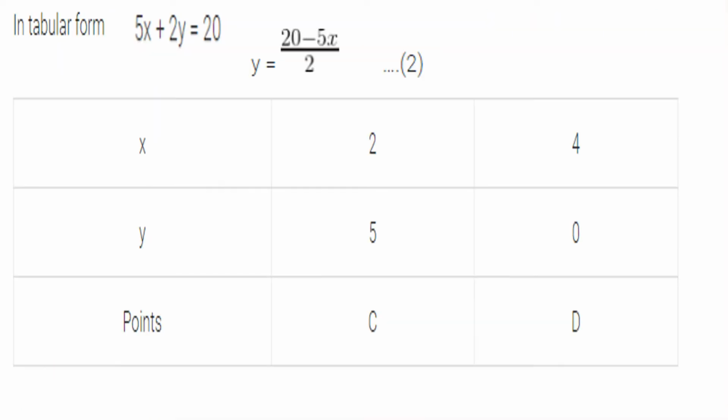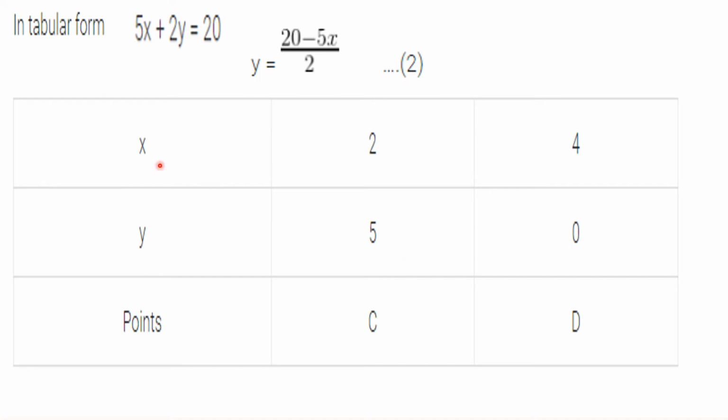Let us form a solution table for equation number 2. Our equation number 2 was 5x plus 2y equals 20, which we have written as y equals (20 minus 5x) upon 2. If we take x equals 2 and put it in equation number 2, on solving we get y equals 5.